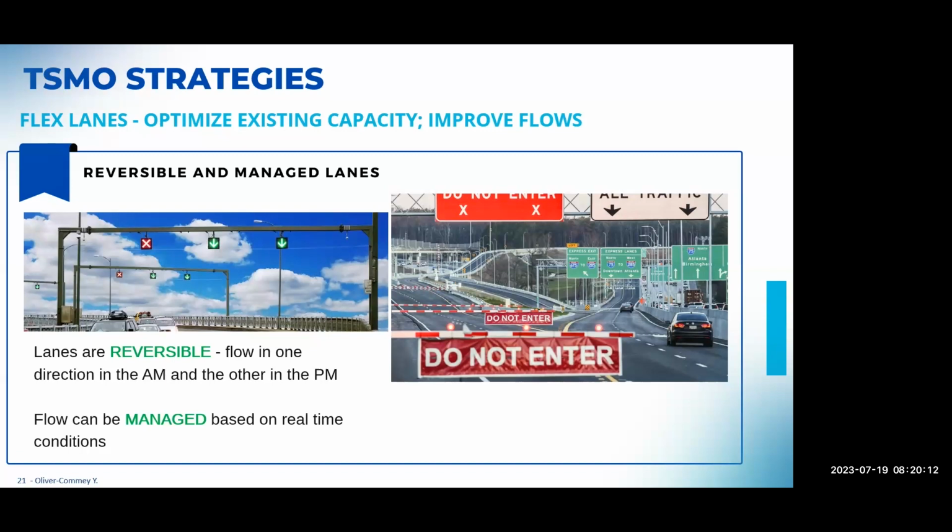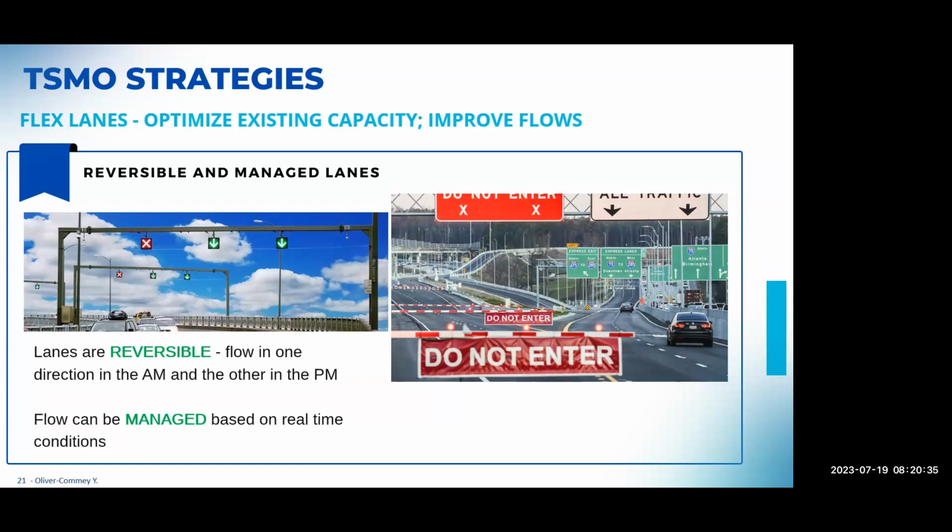It's a very, very expensive system because you're basically deploying all the lane controls and everything on the same system. And it takes quite a bit of education for the public to understand that in the mornings, I can only go in this direction, and then in the evenings, I can only go in the opposite direction. But it helps because it's an efficient use of space.